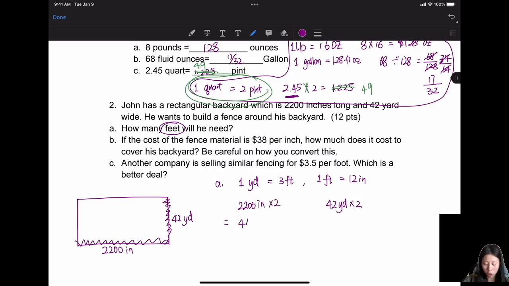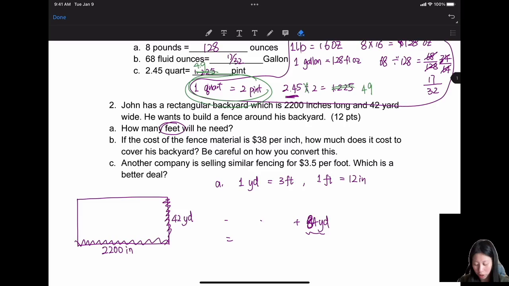So totally you need to fence 44 inches and then 28 yards. But this is not done because they asked you for feet. That means you still need to convert the inches and the yards into feet. You can either write it another way, or you can convert it first.